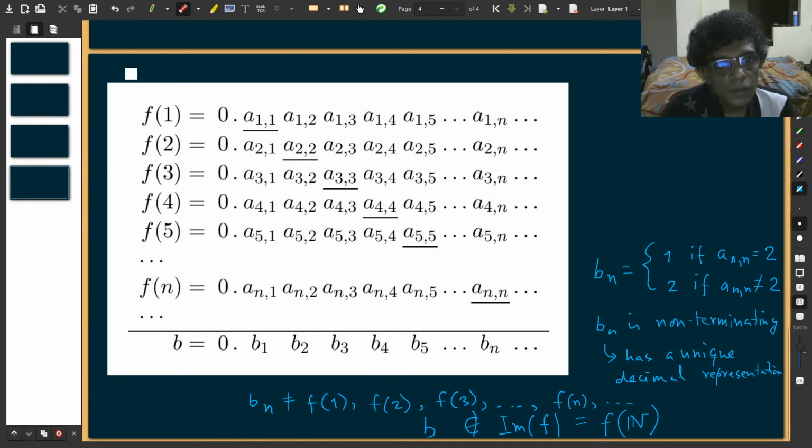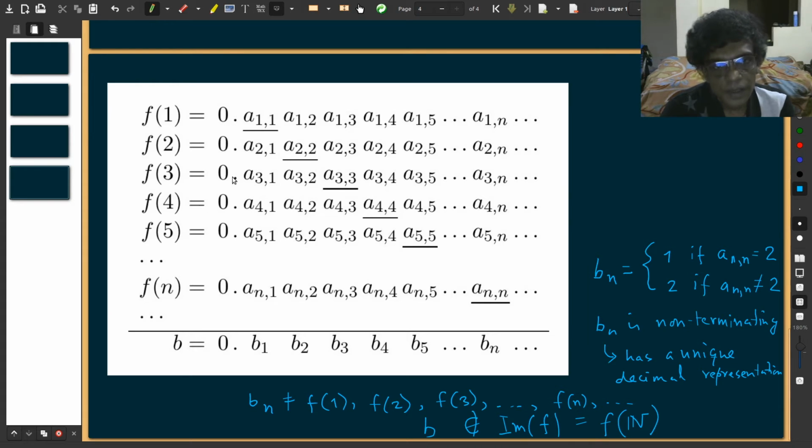So, whatever your function f is, there is at least one fraction b which is excluded from the image of f. Okay. So, whatever f you take, you cannot make this function surjective and therefore bijective, even if it is injective.